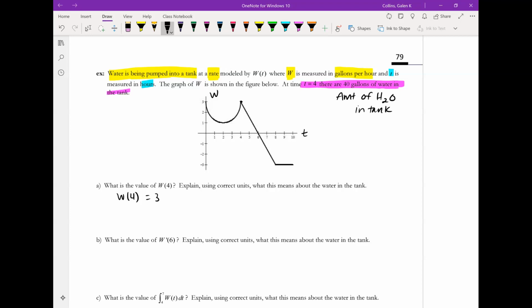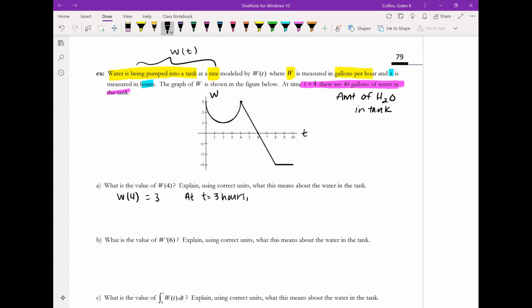Explain using correct units what that means about water in the tank. So when we explain in context, we would say at T equals 3 hours. And then if we think, well, what is W? W is the rate at which water is pumped into the tank.